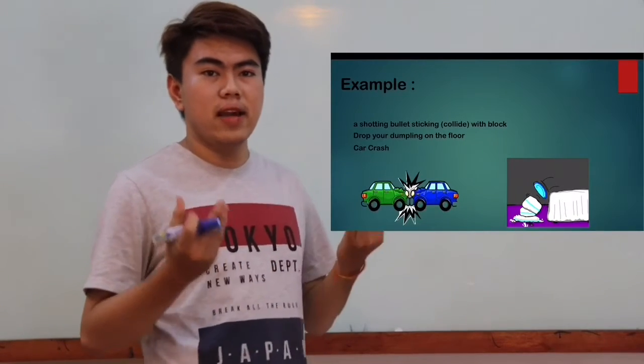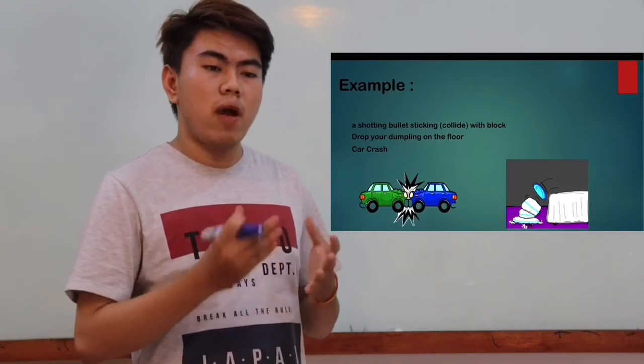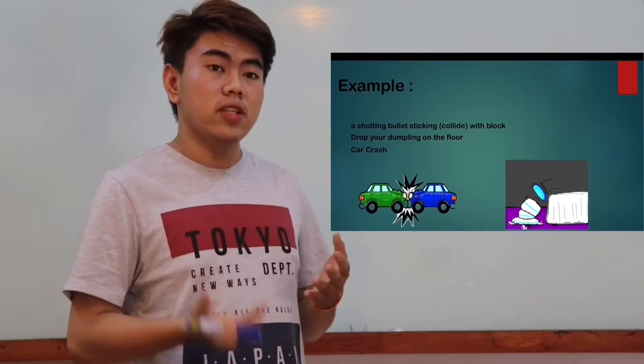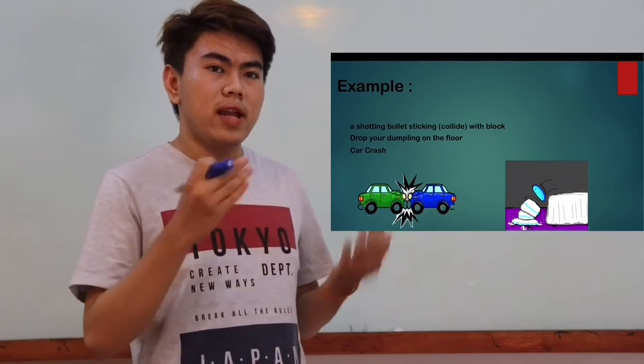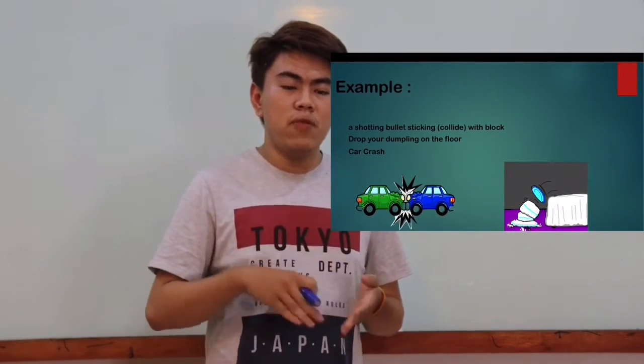The first example is a car accident, a car crash, or when you drop your cake from the table. That is also an inelastic collision. Have you wondered where the lost energy goes?